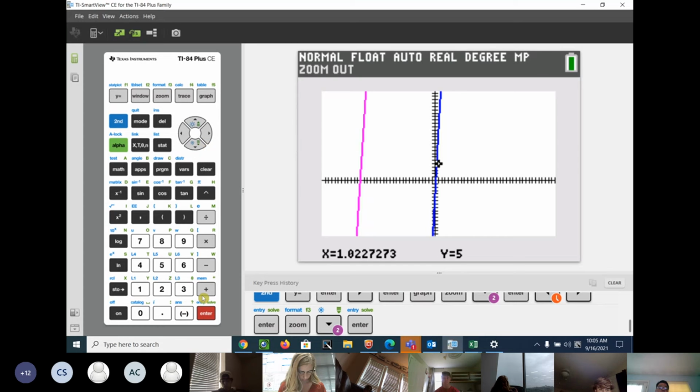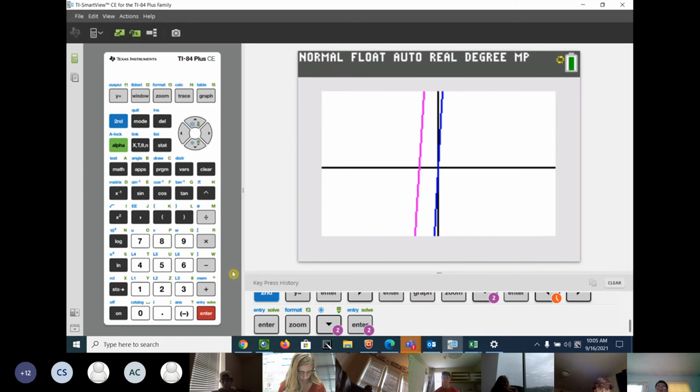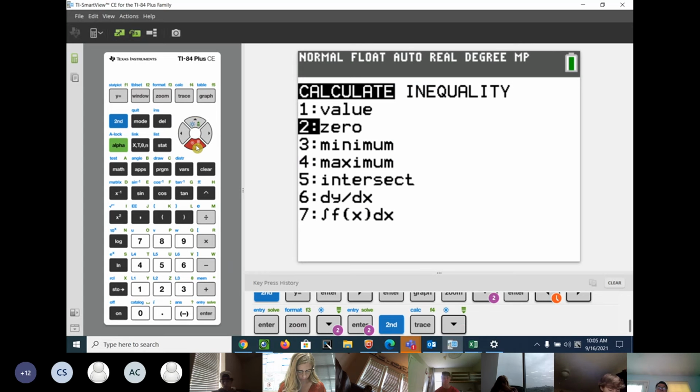And I'm going to zoom one more time. Yeah, we got parallel lines. At least, no, I don't think they are. Let's see if they cross up toward the top. Let me just see if they intersect. Let's go with second trace, intersect.